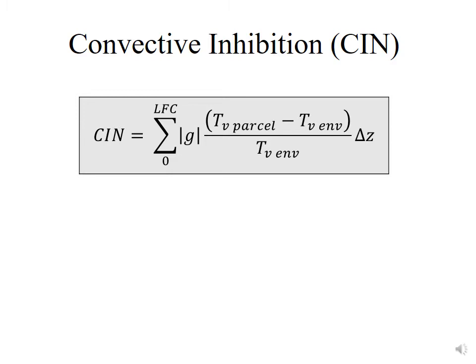It's gravity times the buoyancy, essentially the virtual temperature of the parcel minus the virtual temperature of the environment, divided by the virtual temperature of the environment, times the increment of height over which that buoyancy is acting. So that's your delta Z. So it's essentially the analog of the CAPE, except for now we're looking at the parcel being colder than the environment.